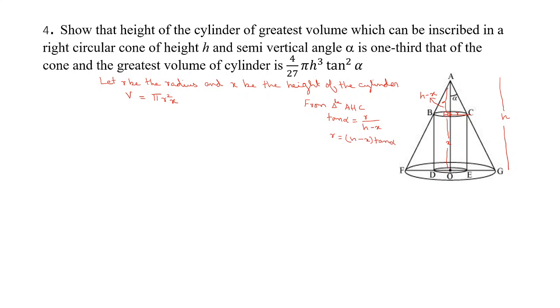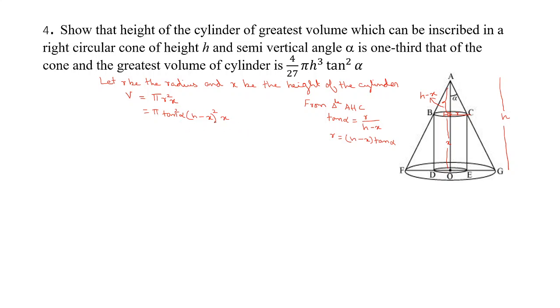So now we'll substitute this here for r. So this will become pi tan square alpha into h minus x the whole square multiplied with x. x is the height of the cylinder.